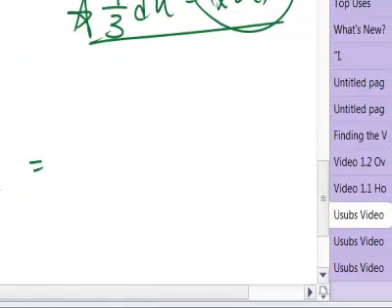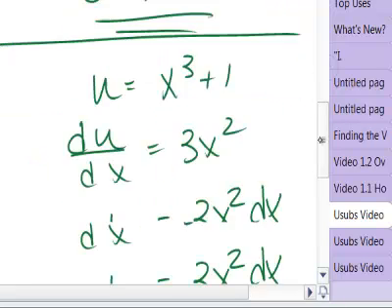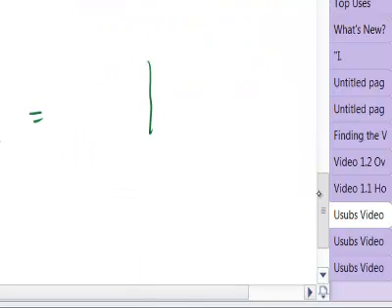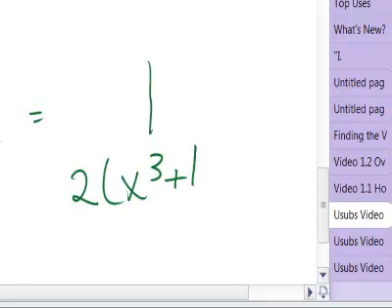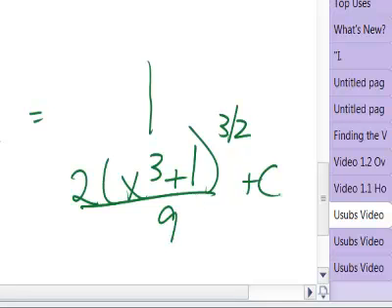And so last step, clean this up and put the u back in, and the u was x cubed plus 1. So final answer is 2 times the quantity x cubed plus 1 to the 3/2 over 9 plus c.